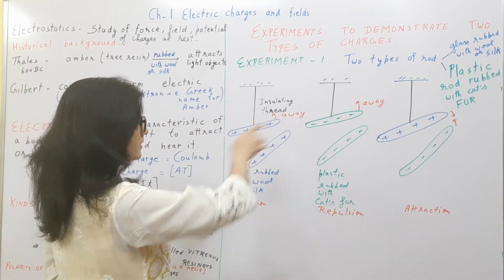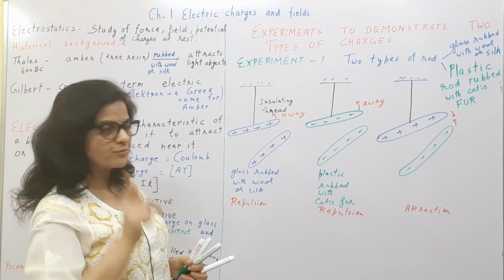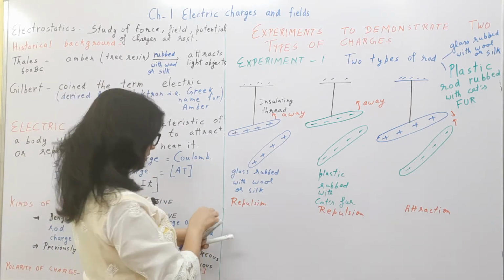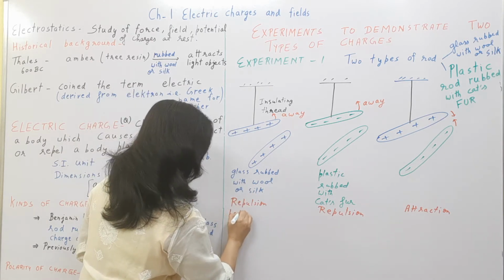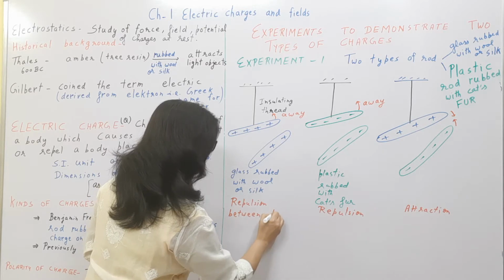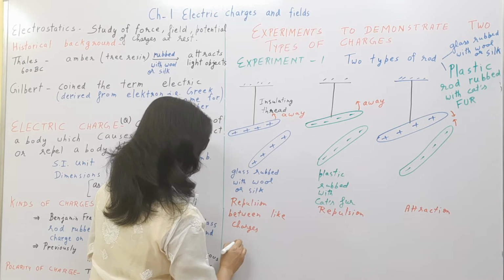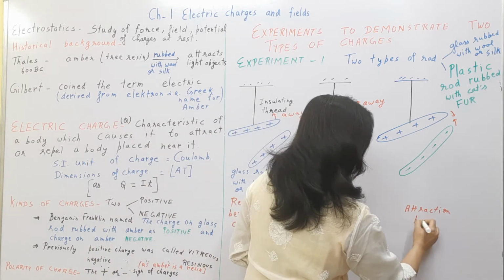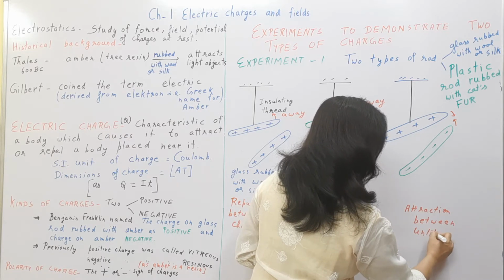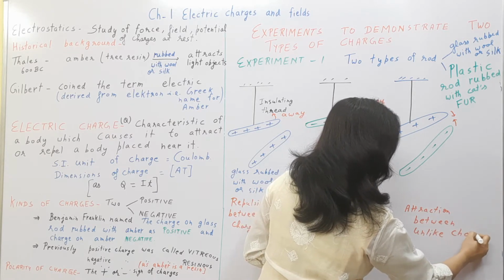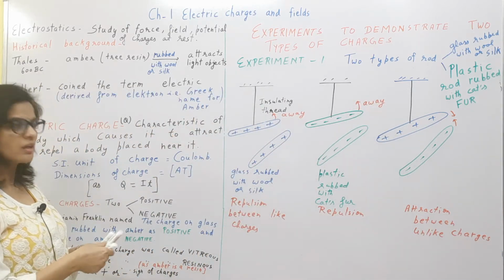So this experiment 1 gave an idea that we have two types of charges, and there is a repulsion between like charges and attraction between unlike charges, right?